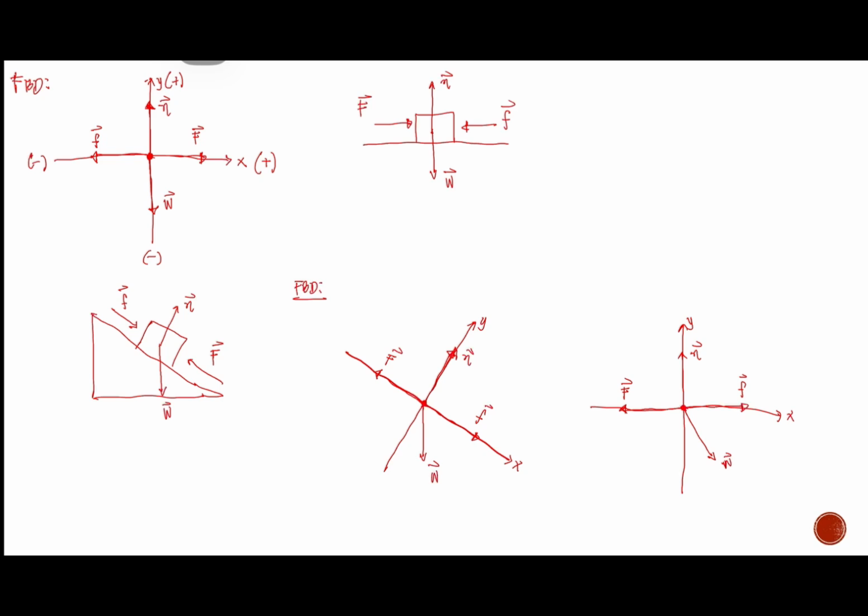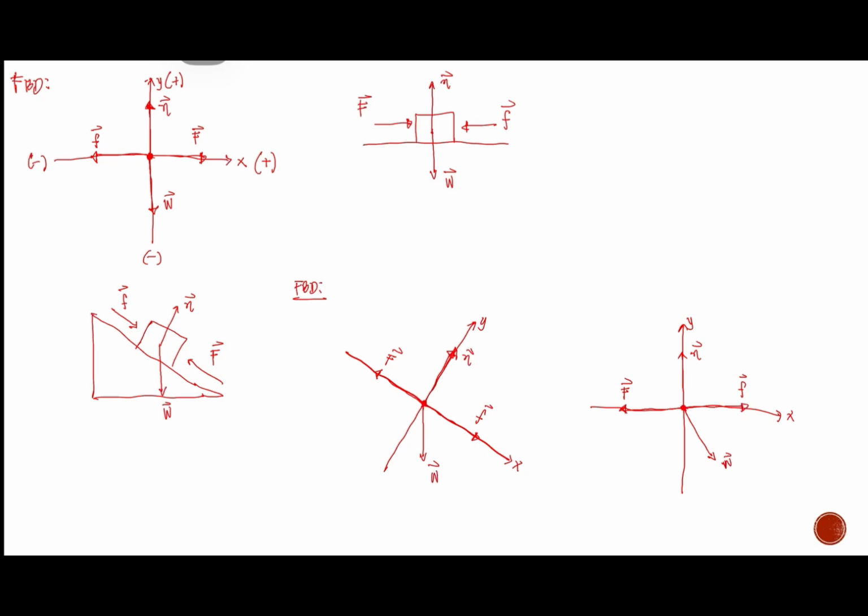So it looks different compared to the slanted free body diagram. So it will look like this. These two are the same. The only difference is that one is tilted, or slightly slanted.